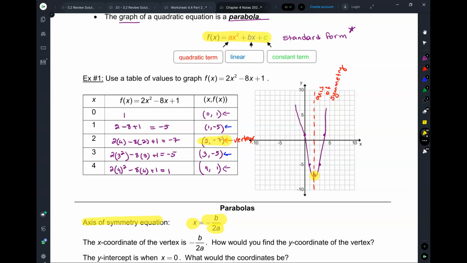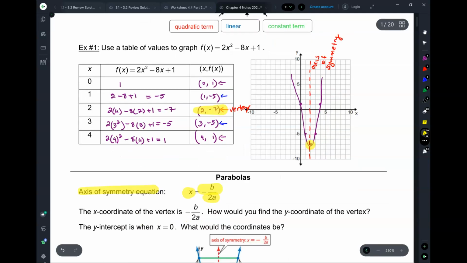Look here, these coefficients are a, b, c. So in this problem here, what's a? 2. What's b? Negative 8. You got to take the sign with it. And c? 1. Okay, so here this axis of symmetry was at x equals 2, right? X equals 2. The way to find that is negative b over 2a.